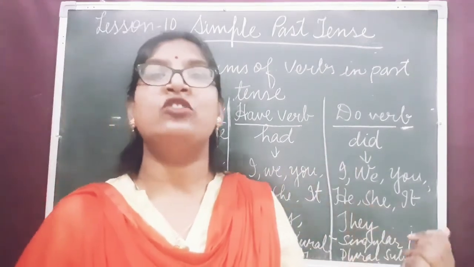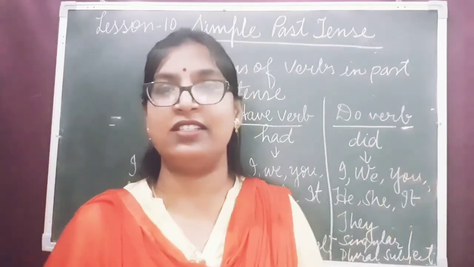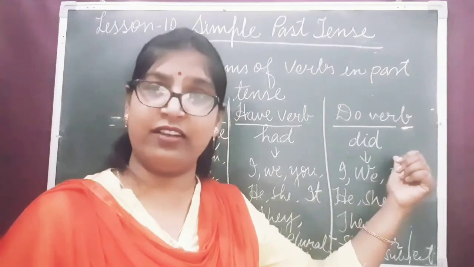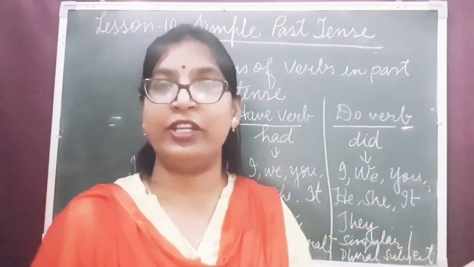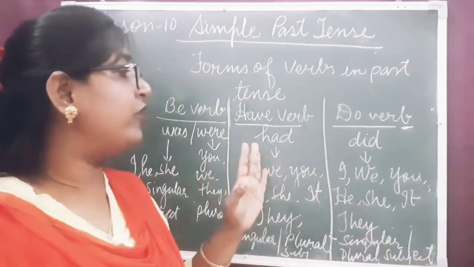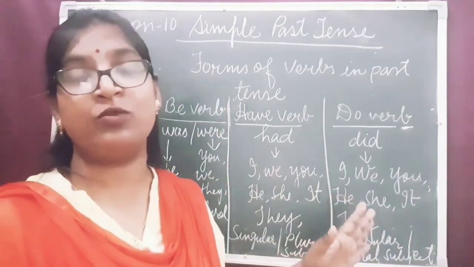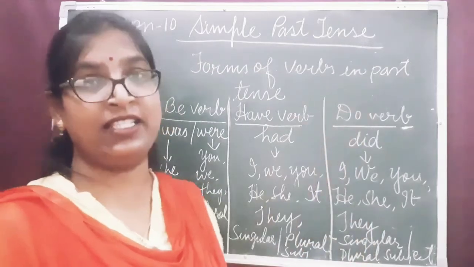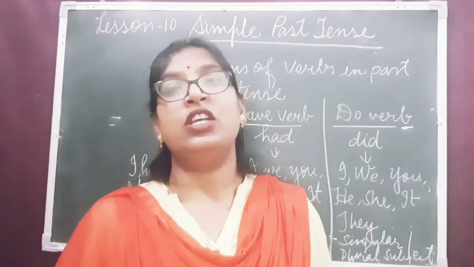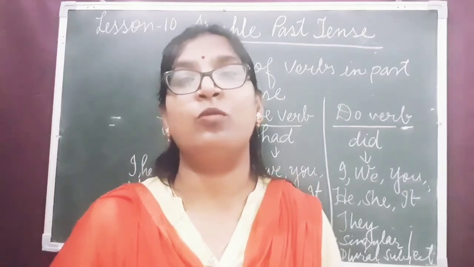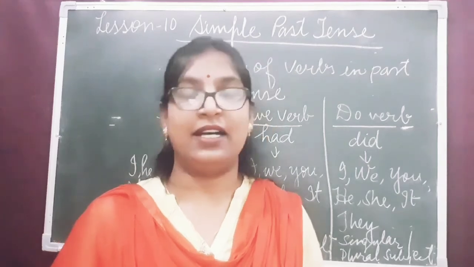Or when we change the sentence into interrogative form, we use do, does, did. But in past tense we use only did; in present tense we use do or does. So always remember this table, learn it thoroughly, the different forms of the verbs which we use in past tense. And for verbs of action, we always use the second form of the verb in simple past tense.